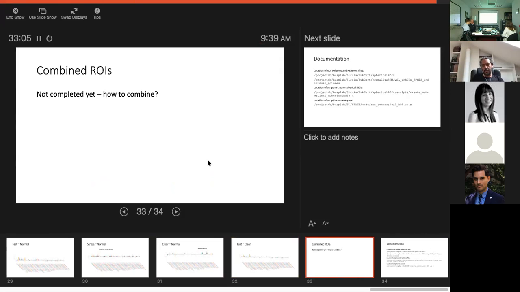But before we get to all of these details, I think the main usefulness of this first interaction would be to figure out which ROIs we want to focus on. What do you think, Jason?